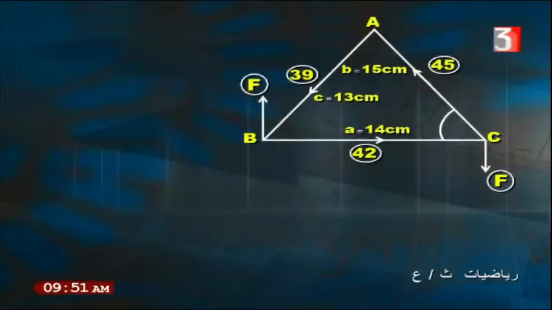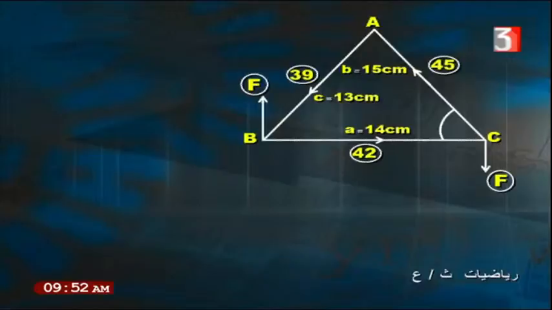In this case, my dear student, we find the measure of angle C by using the cosine law, from the secondary or previous year. Cosine C equals A squared plus B squared minus C squared over 2AB.